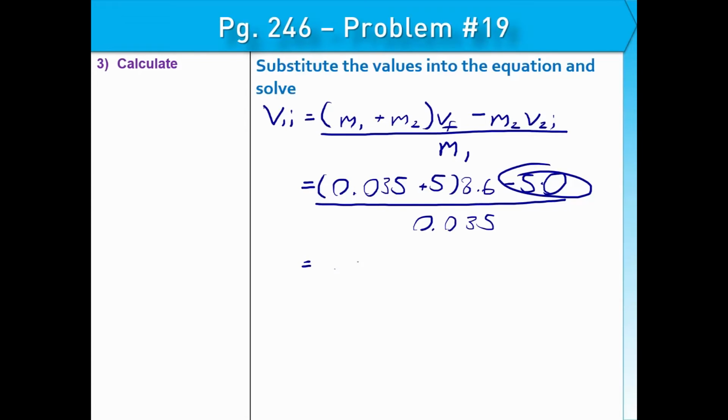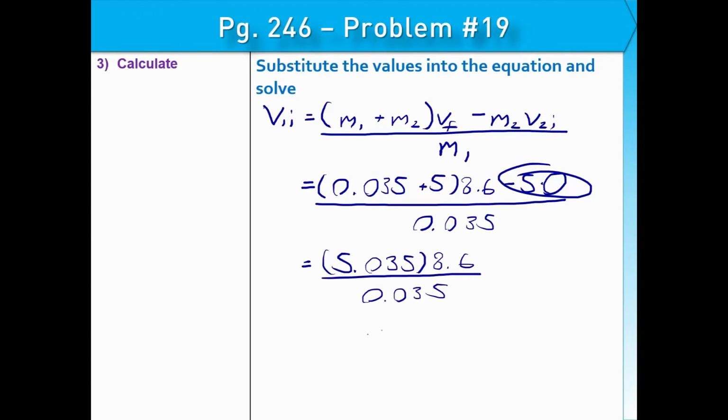I'm going to end up with 5 plus 0.035, or 5.035, times 8.6, divided all by 0.035.